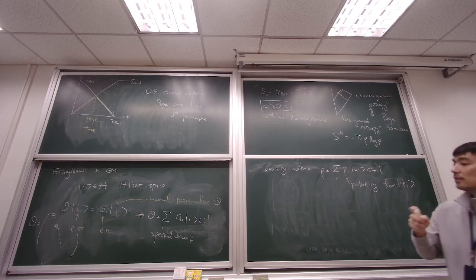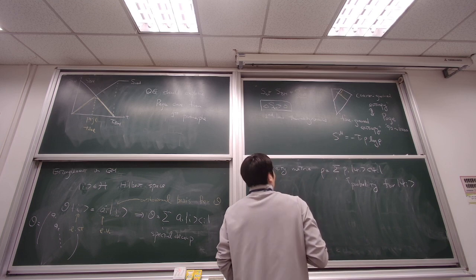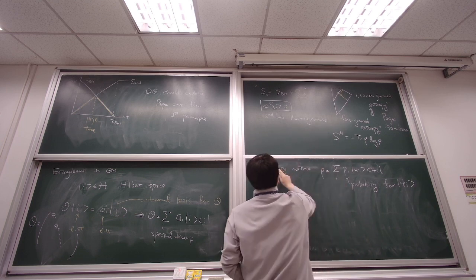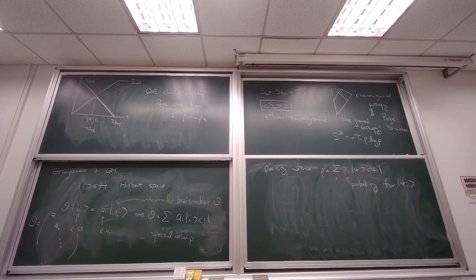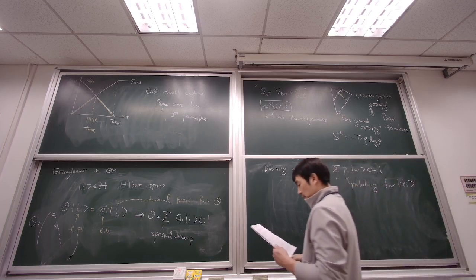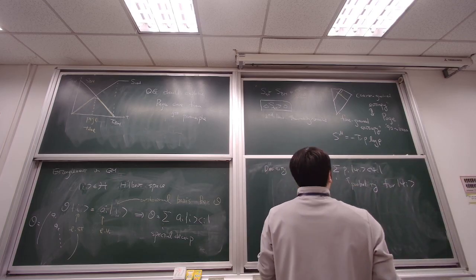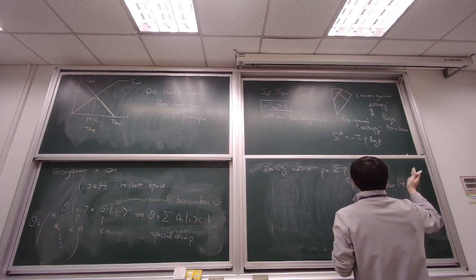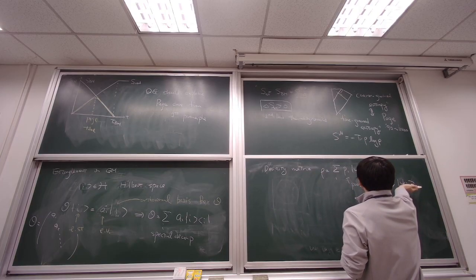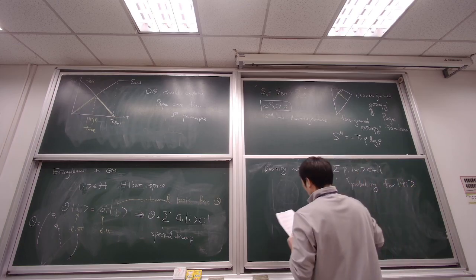The density matrix tells us that the physical system can have the state psi_i with probability p_i.